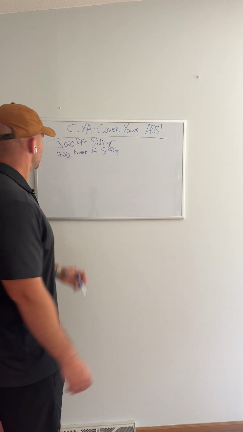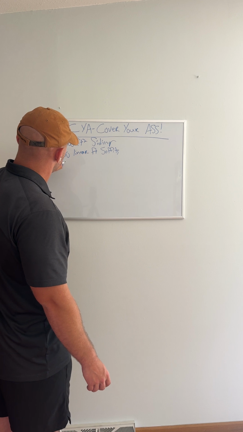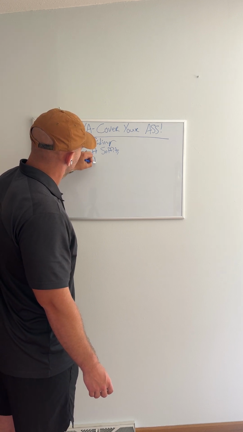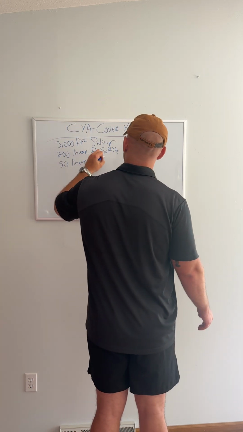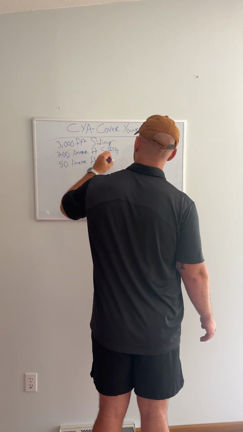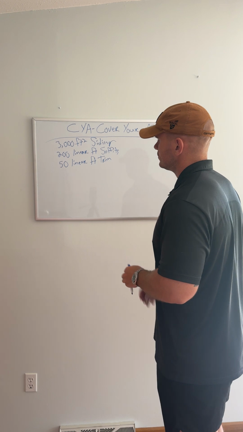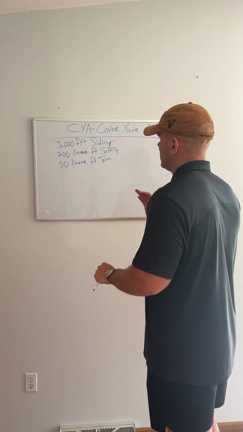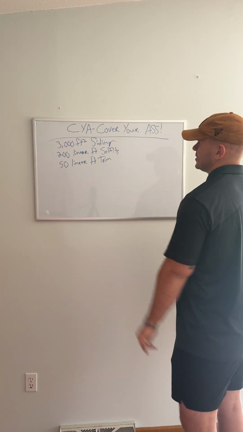Say there was another 50 linear feet of trim. So we got 3,000 square feet of siding.